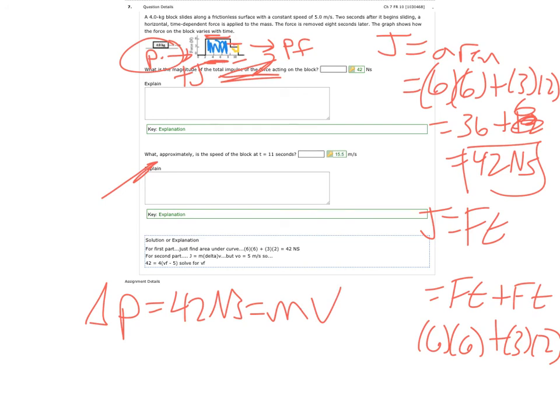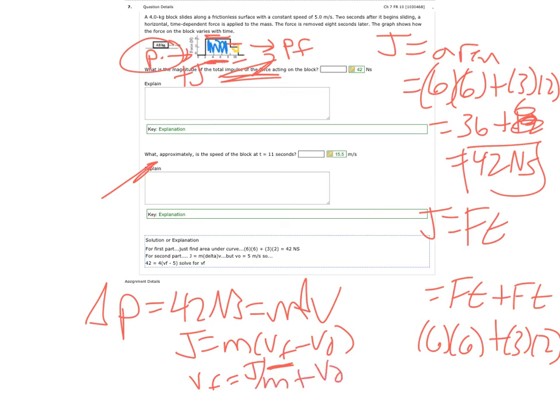But the problem is it's m delta v, so it should be J is equal to m times Vf minus V naught, and so we're trying to find Vf, so Vf is equal to J over m plus V naught. So you have to add the initial velocity, which I believe was 5 meters per second, to get the right answer. All right, that's it.